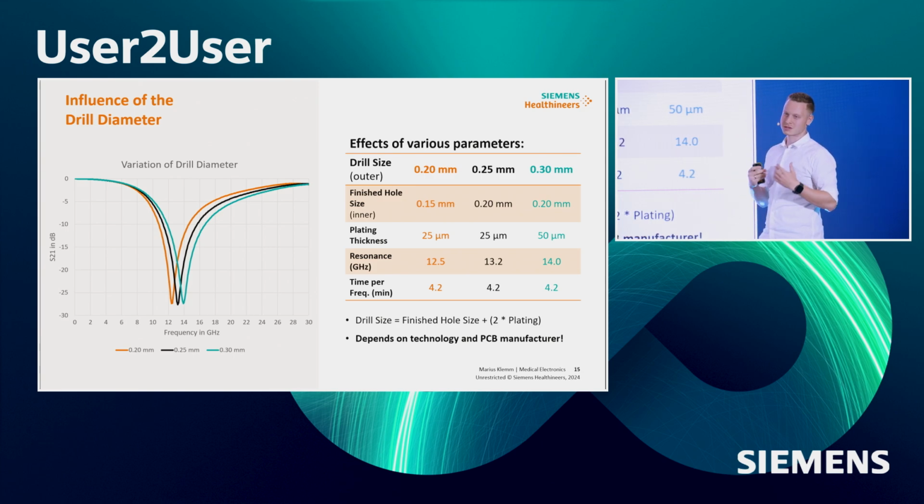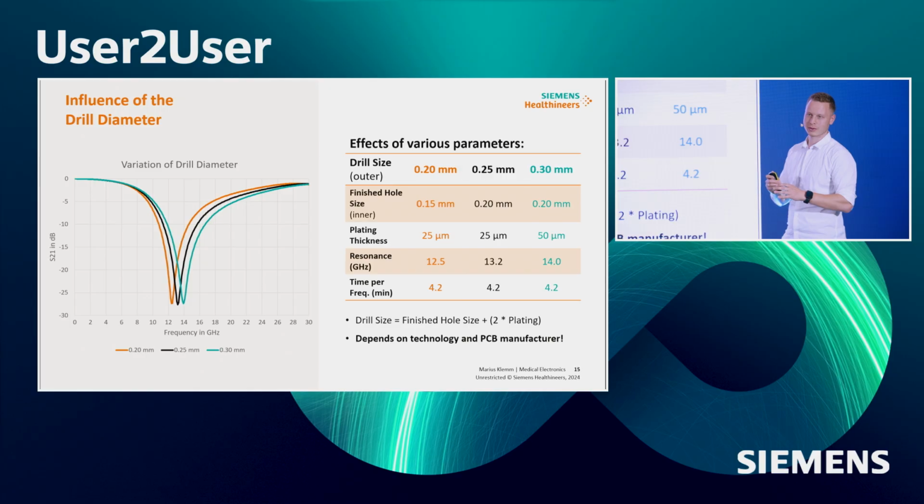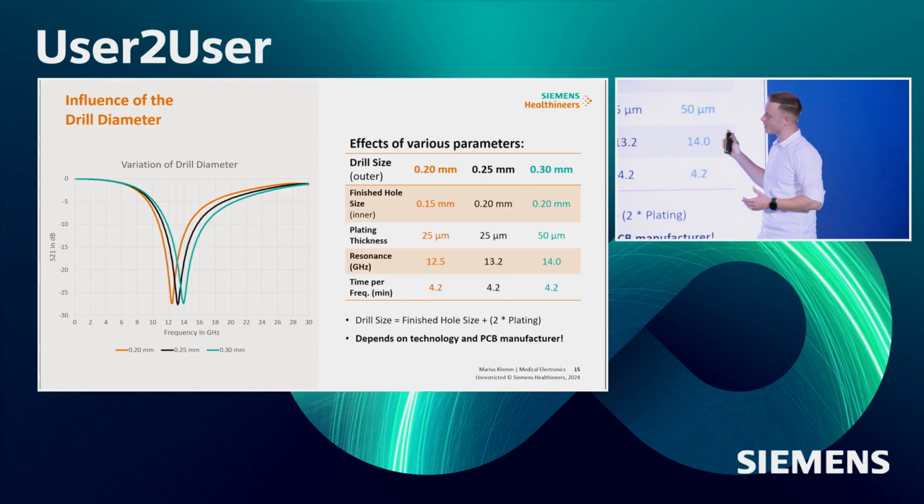But the typical case is in the middle. He knows that it's finished hole size. He will drill a little bit bigger, so 0.25 millimeters, and add plating to reach the 0.2 millimeters in finished hole size. It's the black curve.